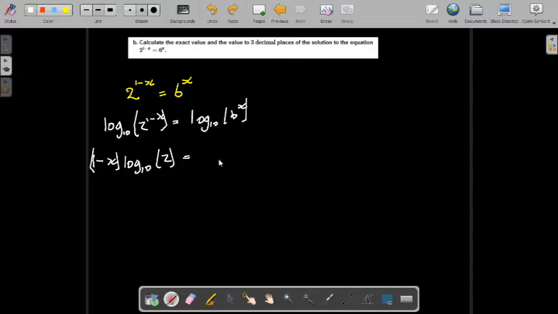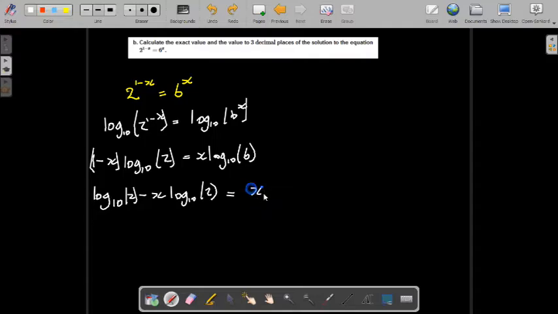Bring the x out the front again. So I got 1 take x times log base 10 of 2. So when we expand it, we actually get 1 times log base 10 of 2, take x log base 10 of 2.